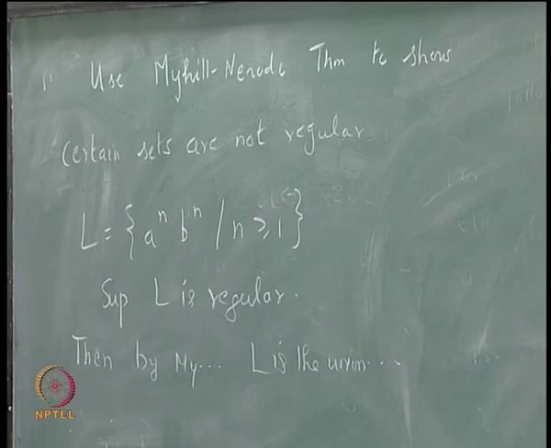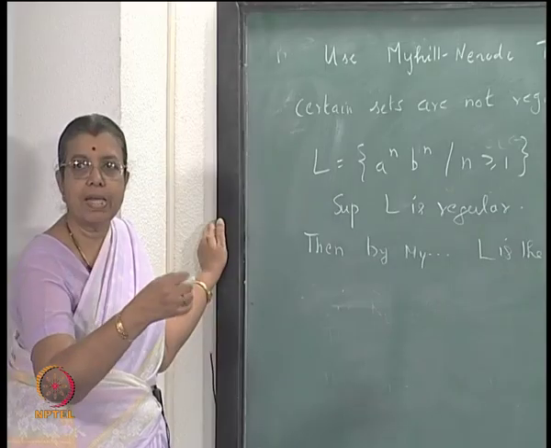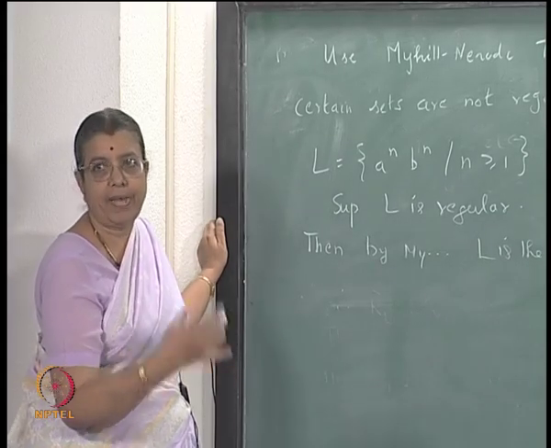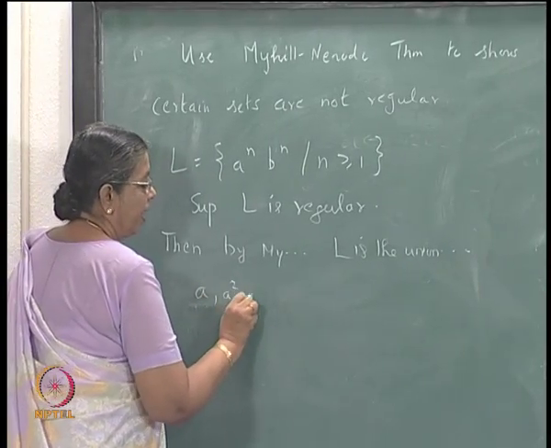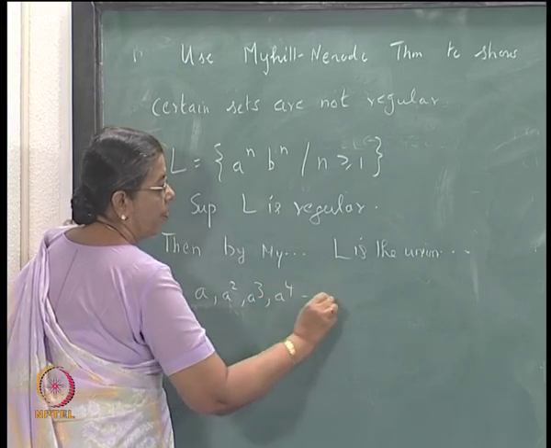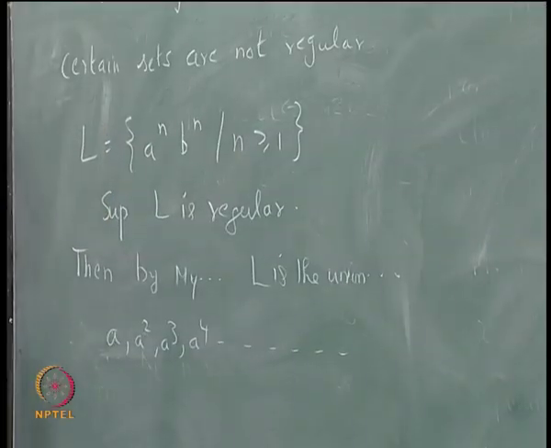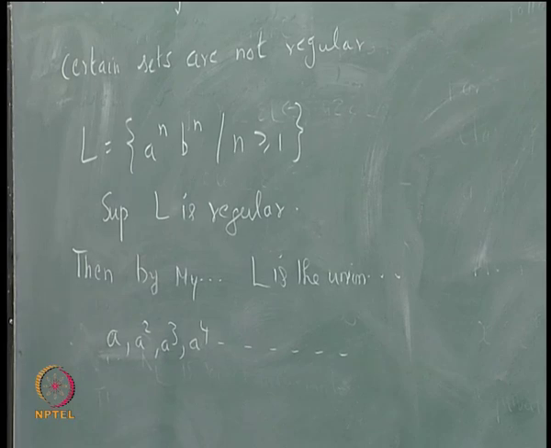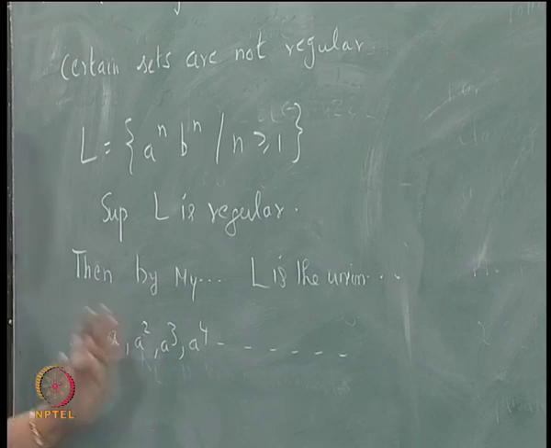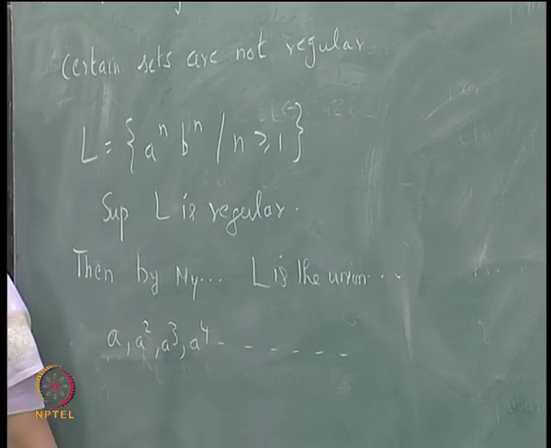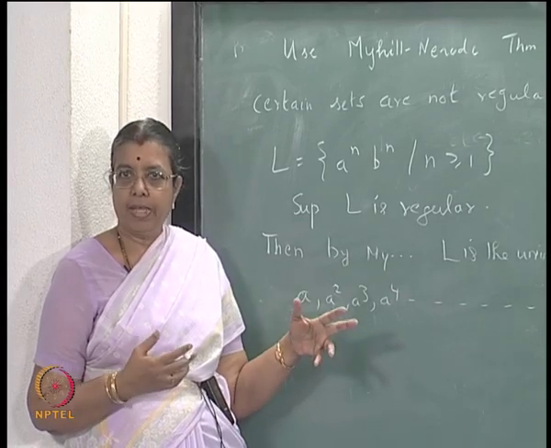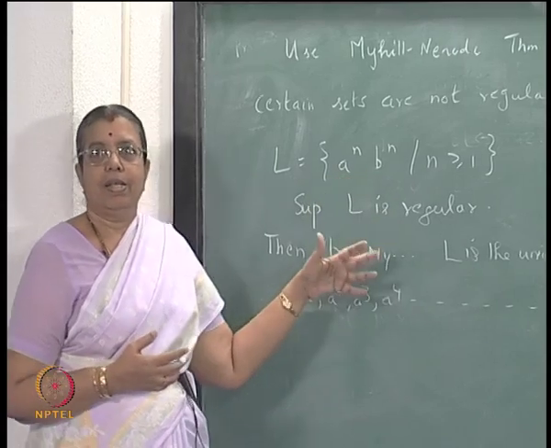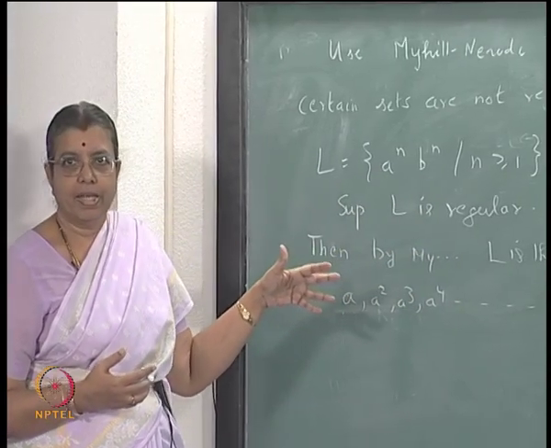So, that equivalence relation divides sigma star into equivalence classes and they are finite. Now, consider the strings a squared, a cubed, a power 4, they are all belonging to sigma star. Now, all of them cannot be in different equivalence classes. The number of equivalence classes into which this is divided is finite.